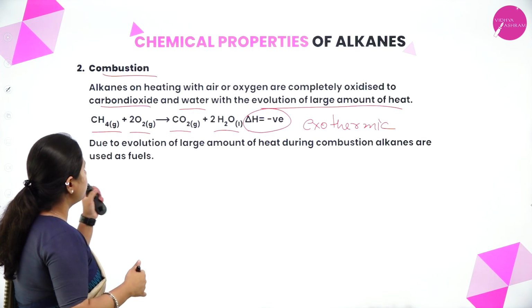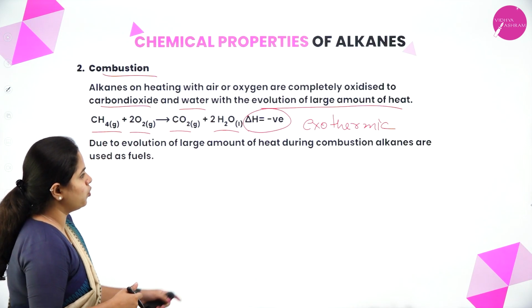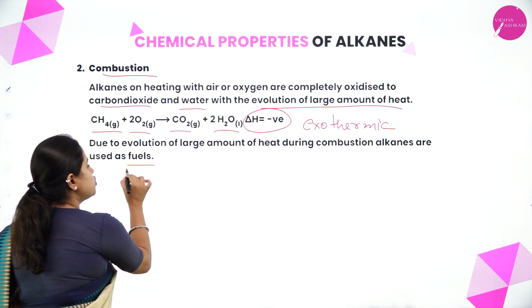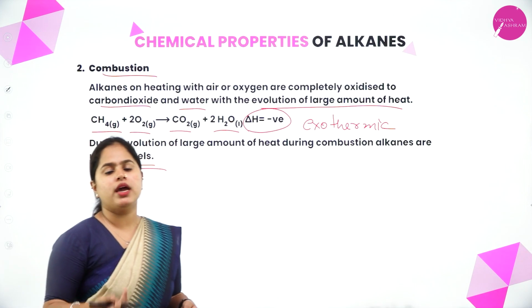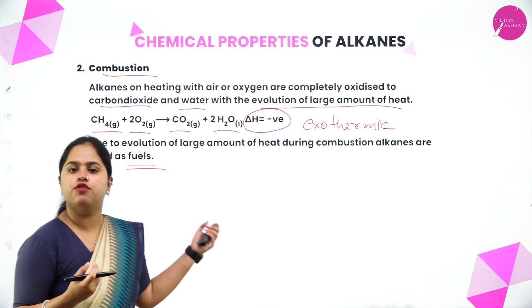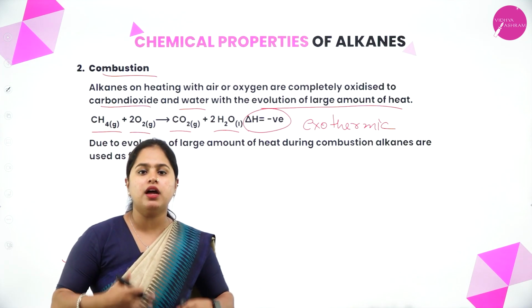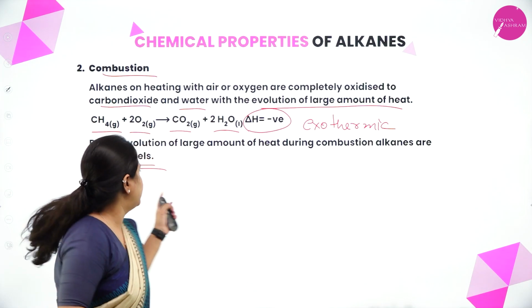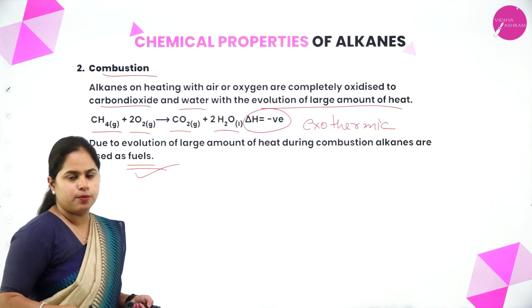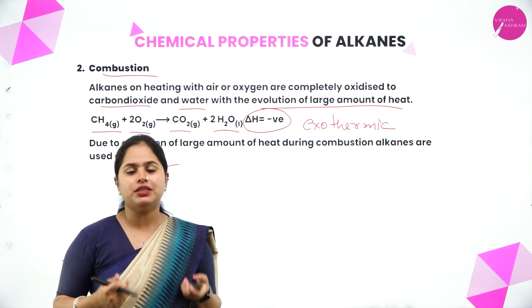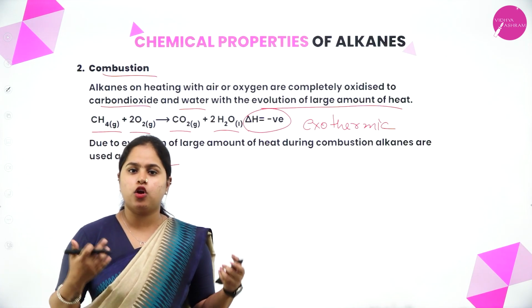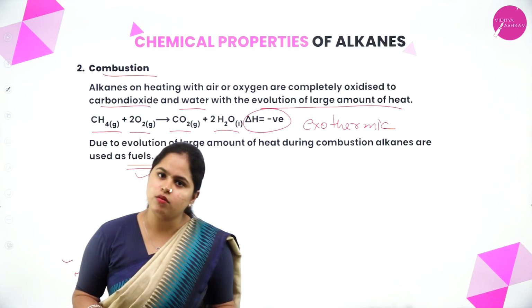Due to the evolution of a large amount of heat during combustion, alkanes are also used as fuels. So this is called combustion: alkanes on heating in the presence of air or oxygen give carbon dioxide and water.